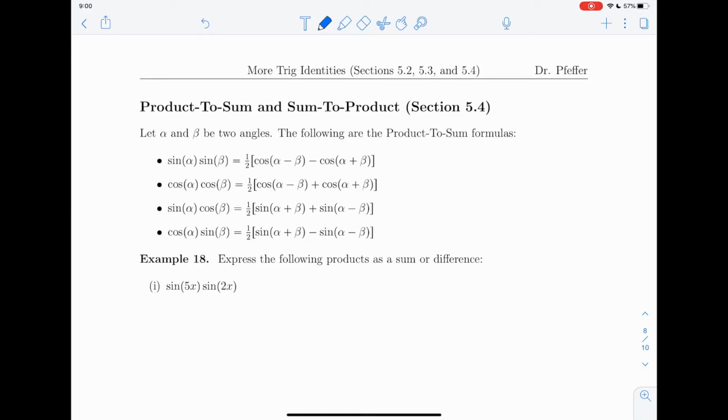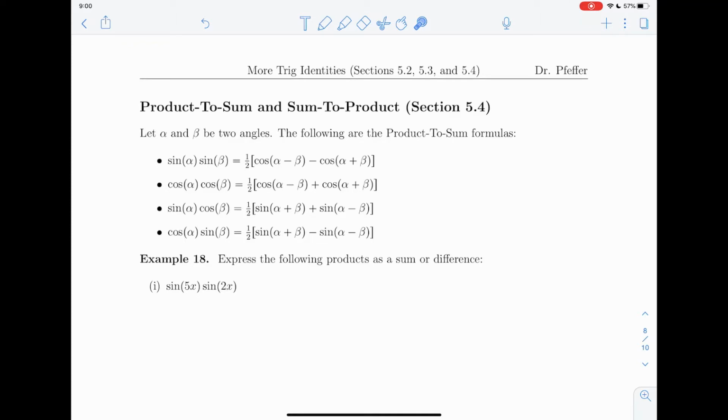In this section, we introduce the last collection of trig identities, product to sum and sum to product formulas. Essentially, if you go back to section 5.2, we had formulas that allowed us to, for example, start with cosine of alpha minus beta, and then turn that into some sines and cosines and their products.